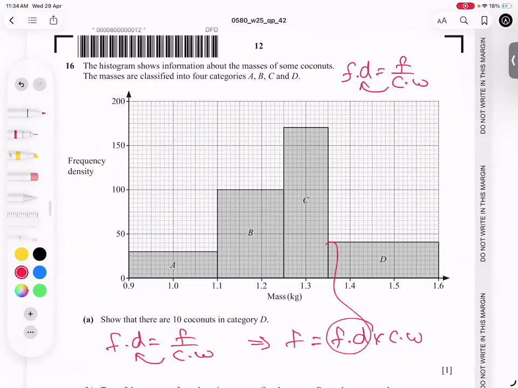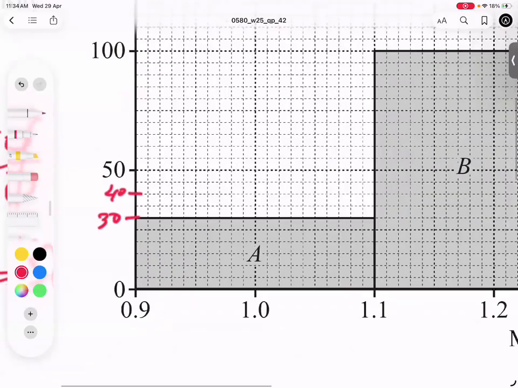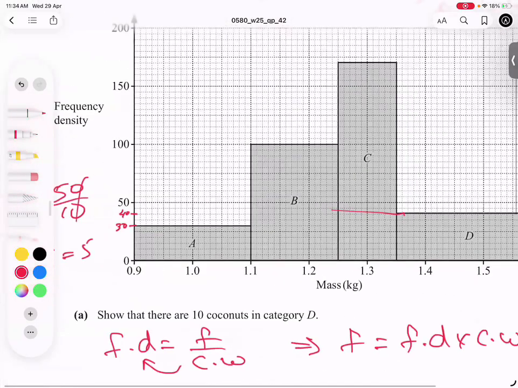Frequency density is the height, and you can see from here it is 2 boxes below. First of all, what is the formula of the value? Value by number of boxes. So 1 unit is 5. So 5, 10, 20, then 30, and 40. What I'm looking for is 40.